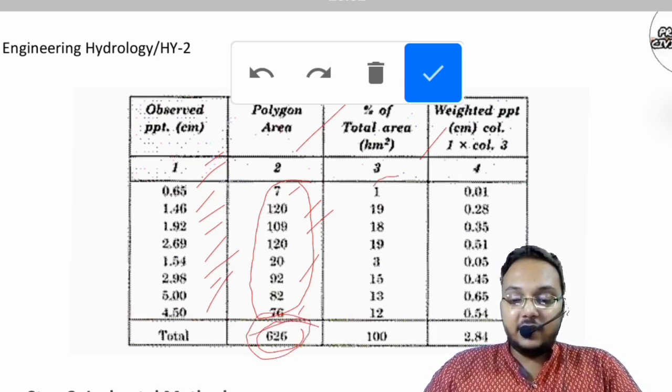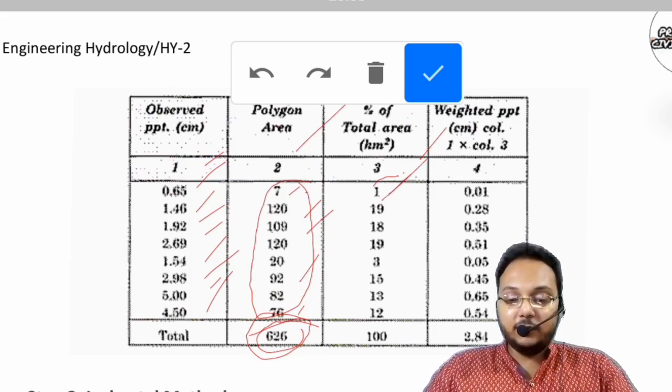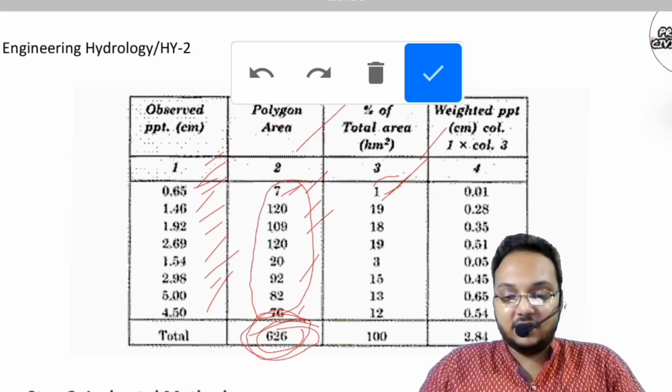Suppose the total area is coming out somewhat like this, and you have to calculate what percentage of the total area is the area of this particular catchment. Suppose for the first catchment where the rainfall is 0.65 centimeter, the percentage of area is 1% because the value is 7 and the total area is 626, so it is around 1%.